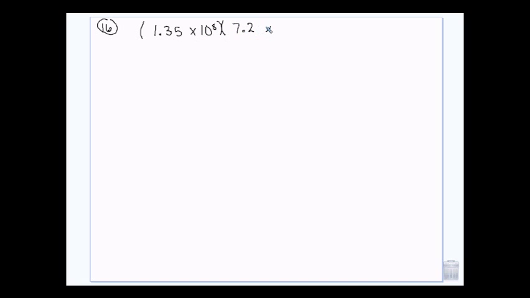What we're doing right now, just to give you an idea of the shortcut that we're taking, if we were to multiply this using the numbers without scientific notation, we'd have to multiply that.